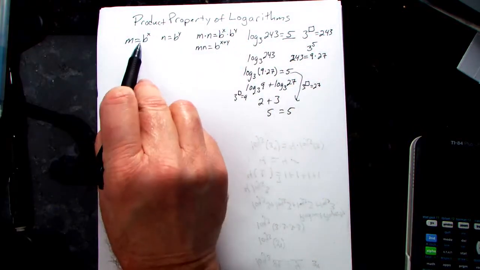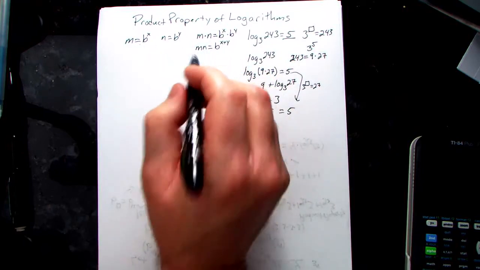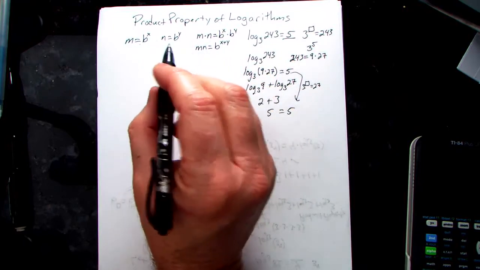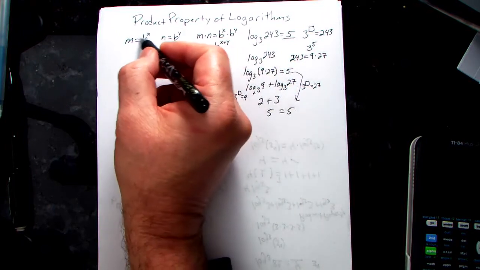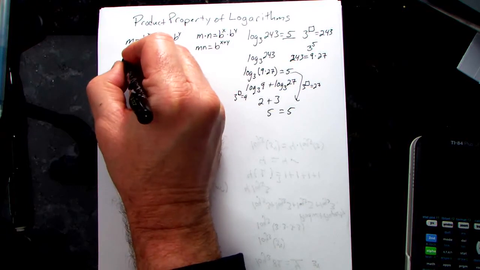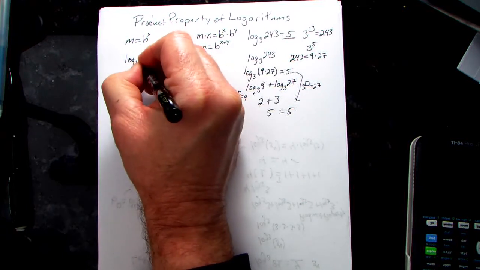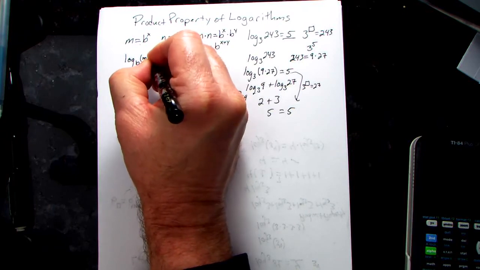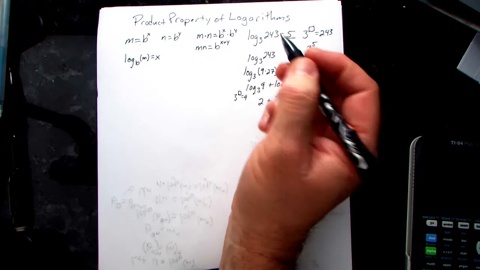Okay, so now I have these three statements. I'm going to take each one and rewrite it as a logarithmic equation instead of an exponential equation. So rewriting this one becomes log base b of m equals x. b to what power equals m.